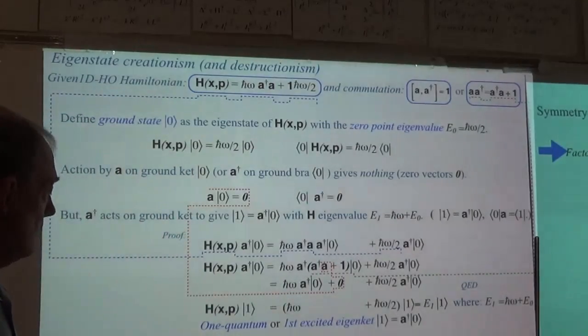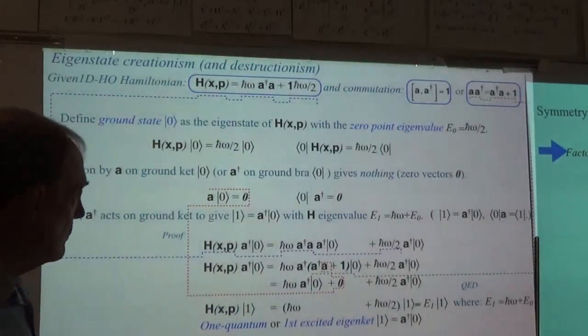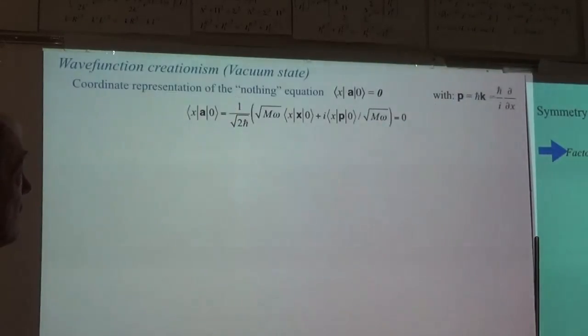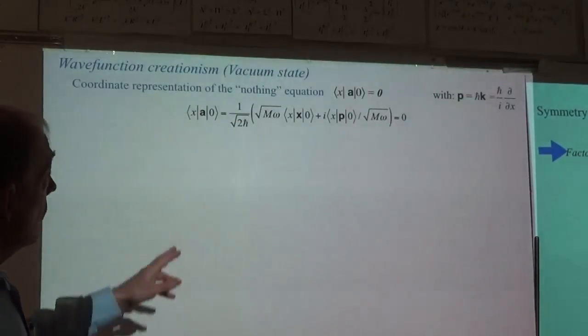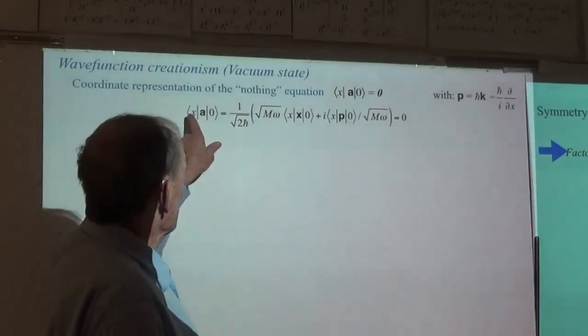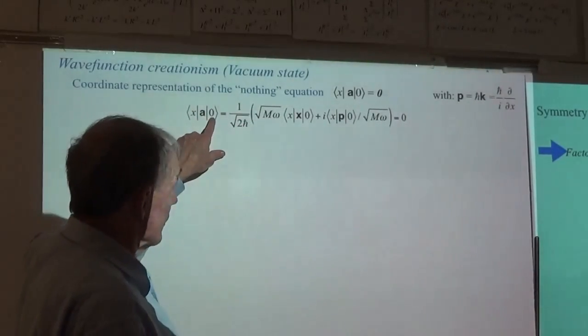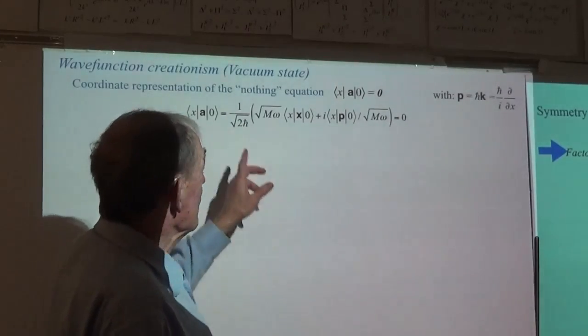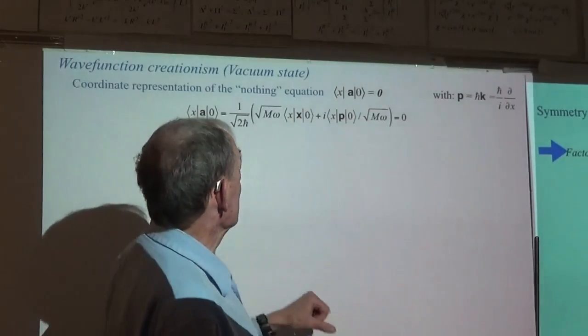So what we can do with both of these equations is rewrite this thing in such a way that we can actually figure out what this x A0, that's what we're going to be calling the wave function of this nothing equation right here.